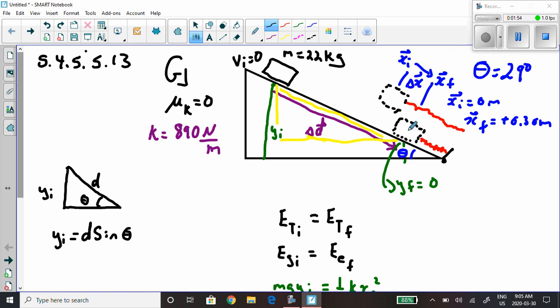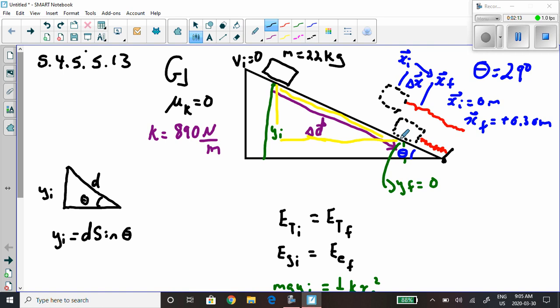Okay, so what have I done here? Well, right here is the y initial, where the object starts at a certain height, and then right here is the y final, where the object stops.